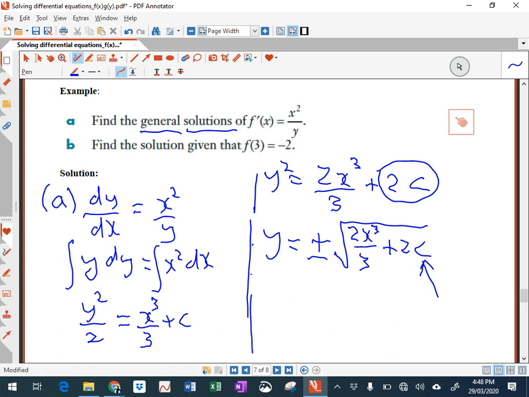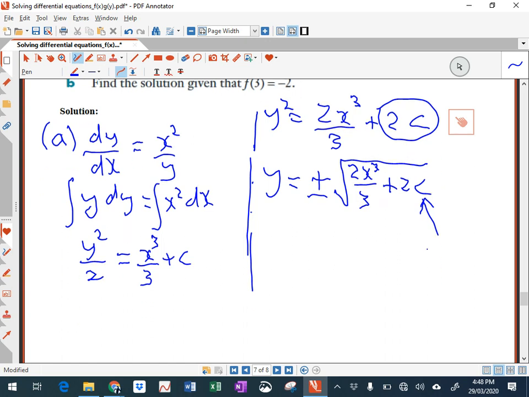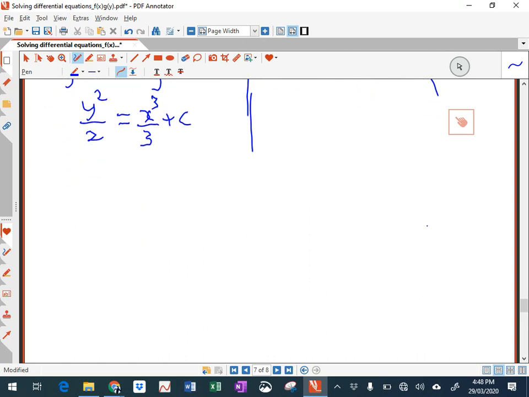Okay, now it says in part B, so let's just scroll up. Part B, find the solution given that f of 3 equals -2. So for part B, let's just change colours. It tells me that x equals 3, and it tells me that y equals -2. All right, now, what am I going to do? I'm going to sub that into this equation.